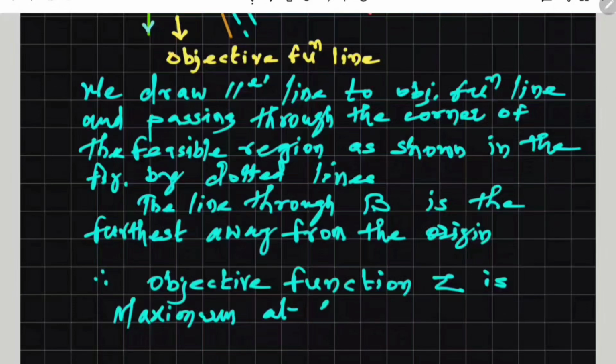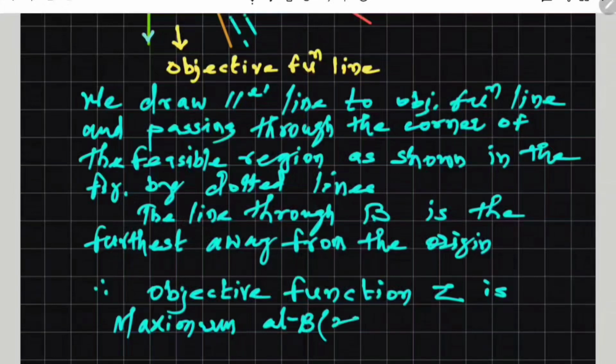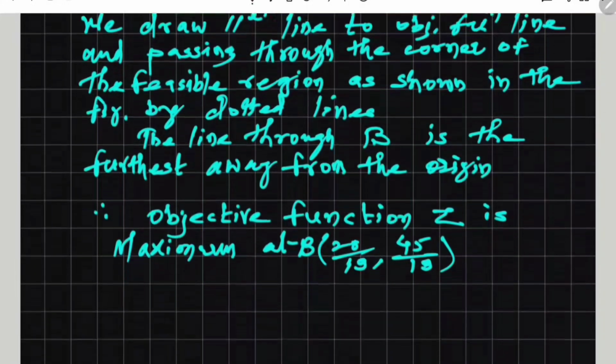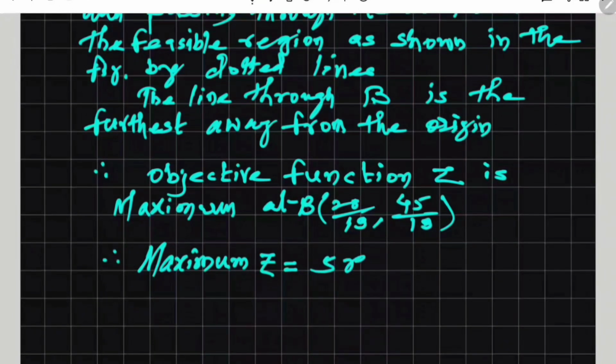And substituting the values of x1 and x2 in the objective function, we can determine the maximum value for z. Performing that calculation, I have performed it in the next part. Here I have also written, therefore, maximum value of z, as the equation is 5x1 plus 3x2.